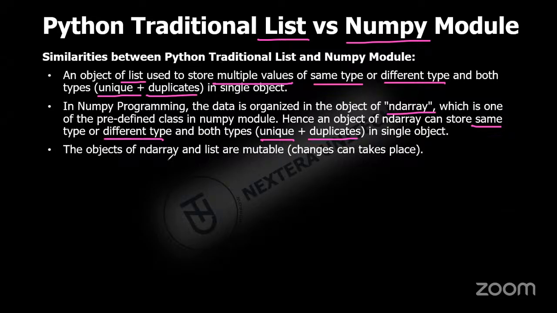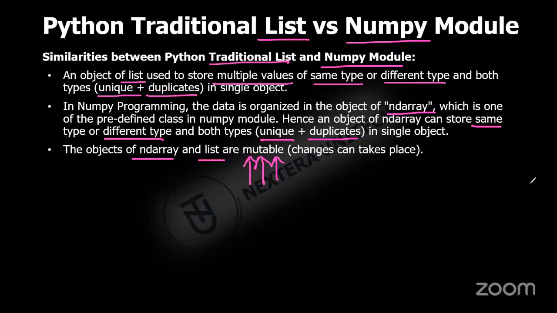And both objects, an n-dimensional array or a list object, are mutable. What do you mean by mutable, guys? Mutable is nothing but we can change or edit even after the object gets created. So these are the similarities between the traditional list and the NumPy module, especially the arrays.